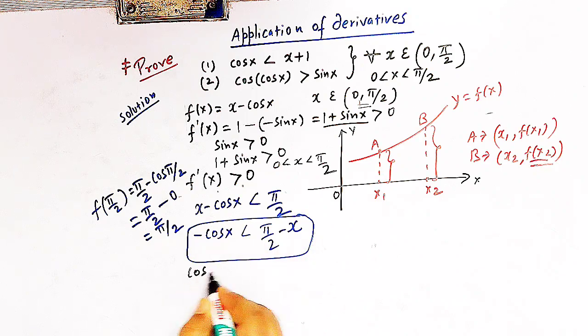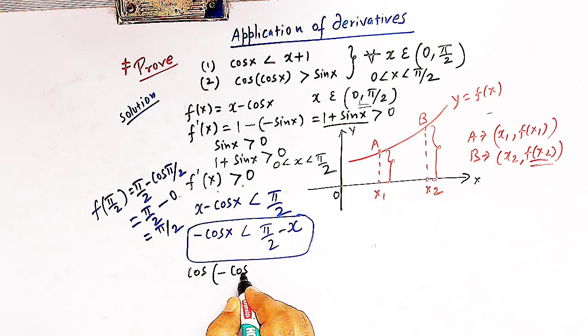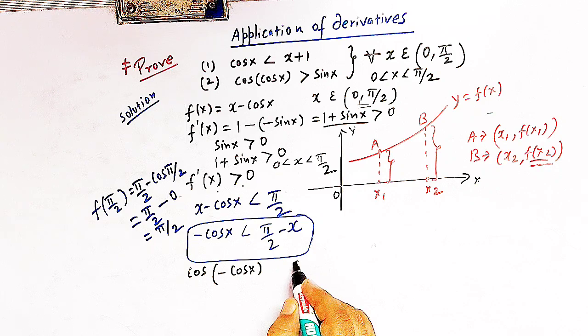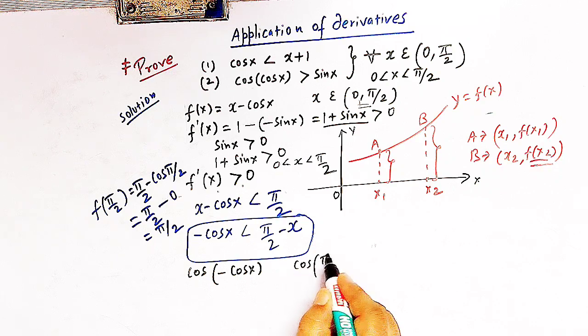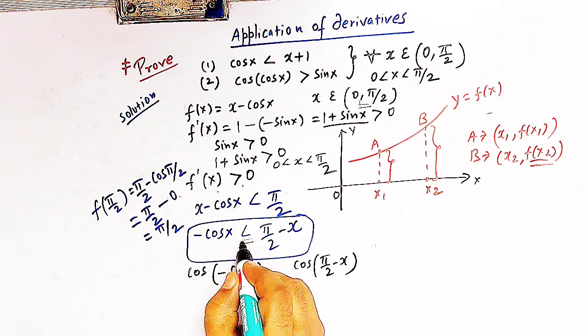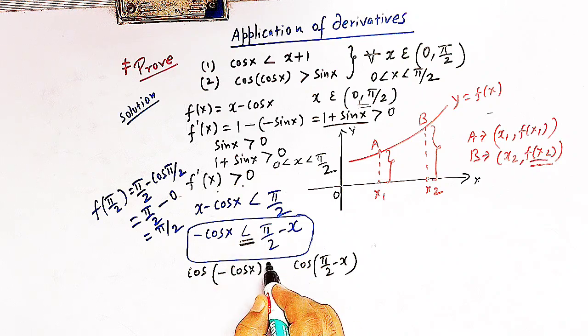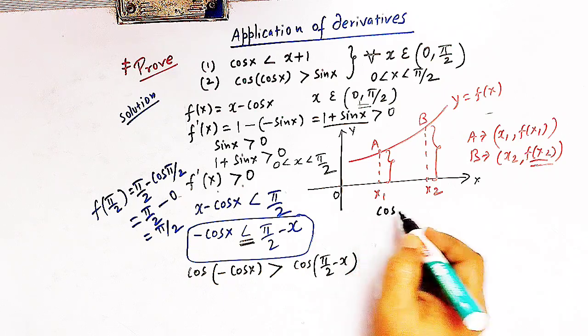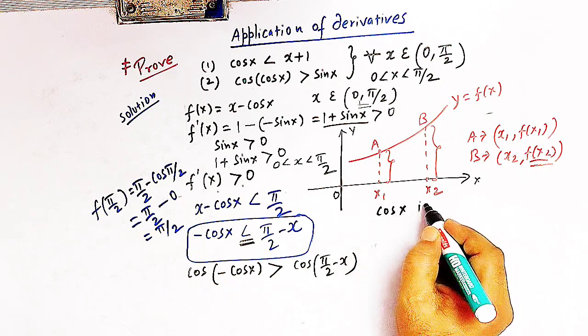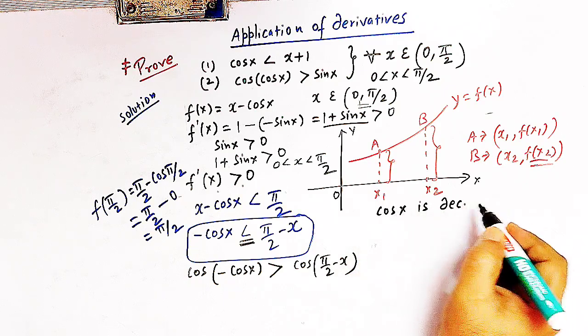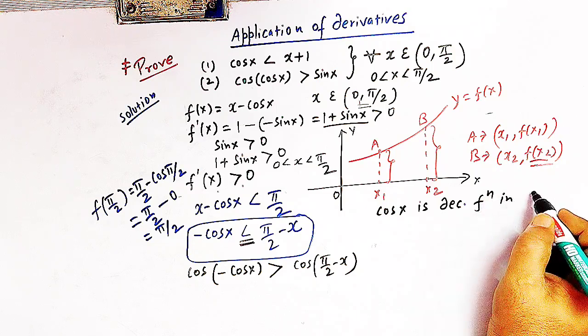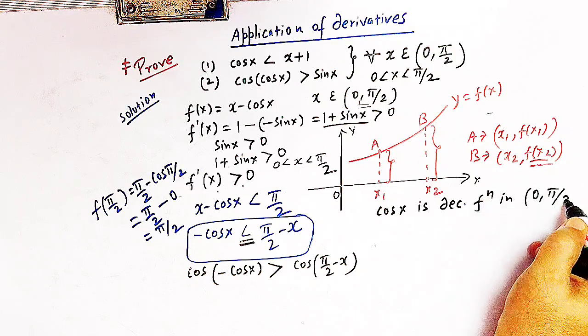So we have cos of minus cos x, and here cos of pi by 2 minus x, and the direction of the inequality gets reversed, because the cosine function is a decreasing function in the interval 0 to pi by 2.